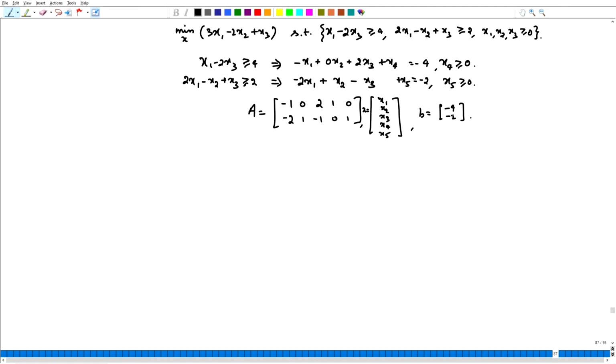Now we have the following problem: min 3x1 minus 2x2 plus x3 subject to Ax equal to b, x greater than or equal to 0. I can even write this as plus 0 x4 plus 0 x5. So, now we have the standard form ready.